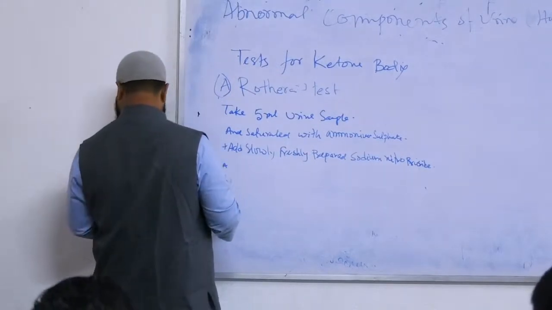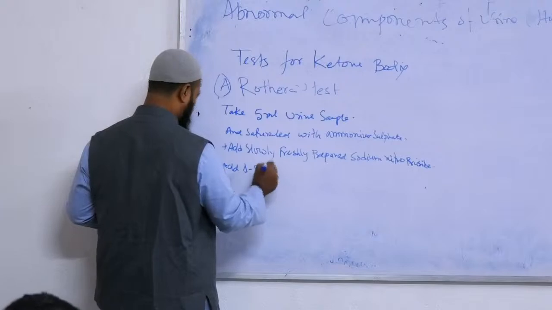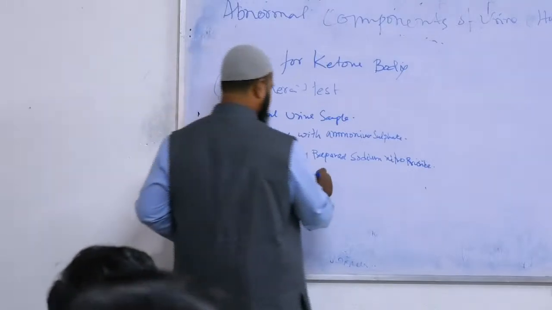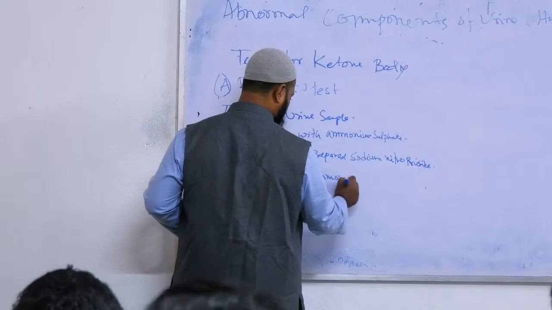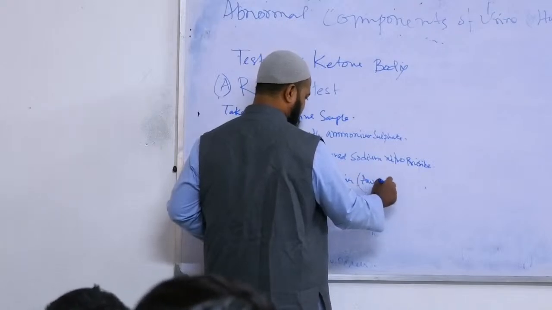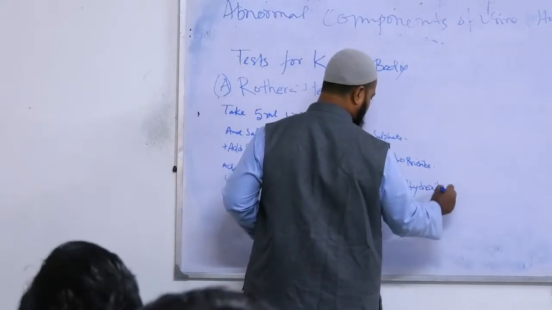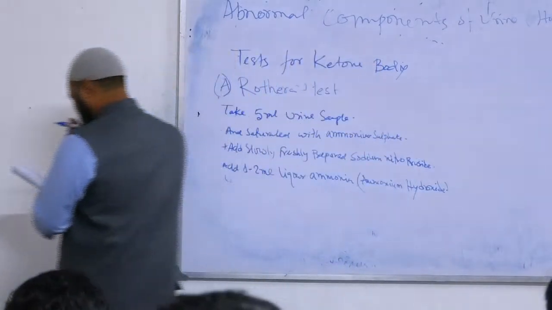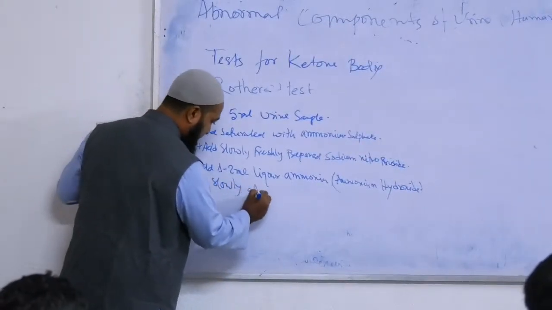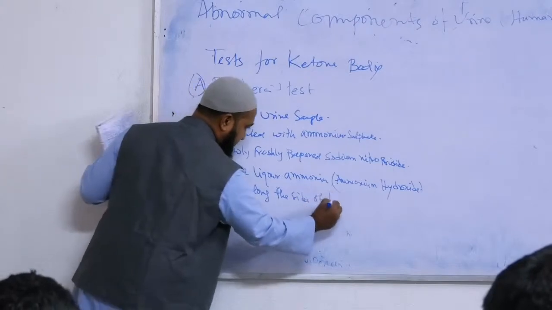And add 1 to 2 ml liquor ammonia, liquor ammonia means ammonium hydroxide, slowly along the side of the test tube.